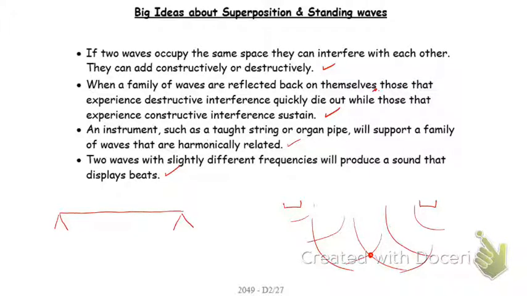So you get crest with crest, and trough with trough. If you go a little bit to the right, you may find that you get a crest when you get a trough, and a trough when you get a crest, and so there's always cancellation taking place. So there are these two scenarios, and our job today is to sort out what's going on in these kinds of situations.